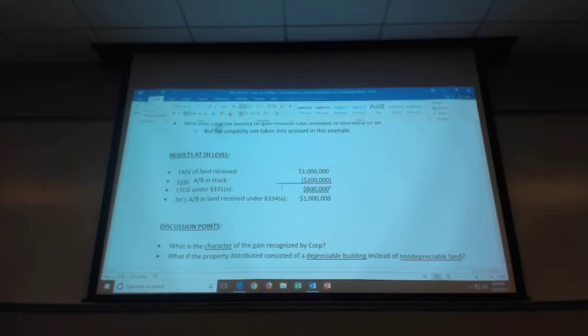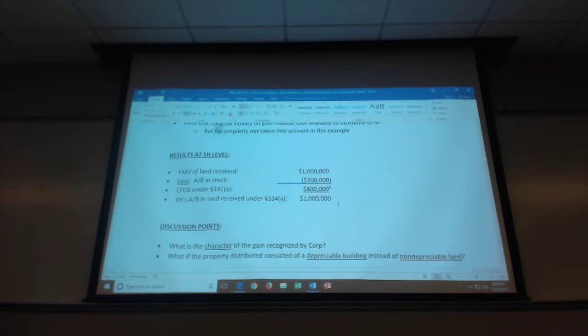So we go back to section 331A, which we started last week. Long-term capital gain of $800,000. And what's the basis of the land once it becomes owned by the shareholder? Fair market value. Right, fair market value. And the reason for that is the code says so.